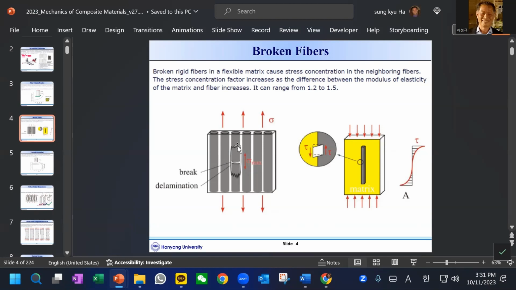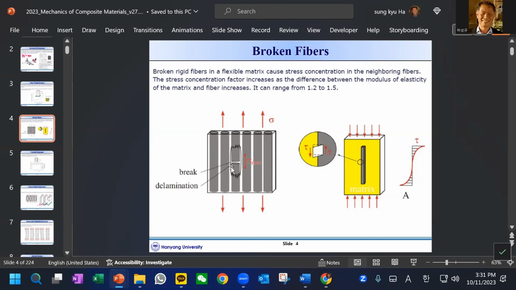So one of the fibers can be broken. Now the main point is that this broken fiber is supported by the resin system by shear load, and then this load is carried by the adjacent fibers. That is the main feature of the fiber reinforced.